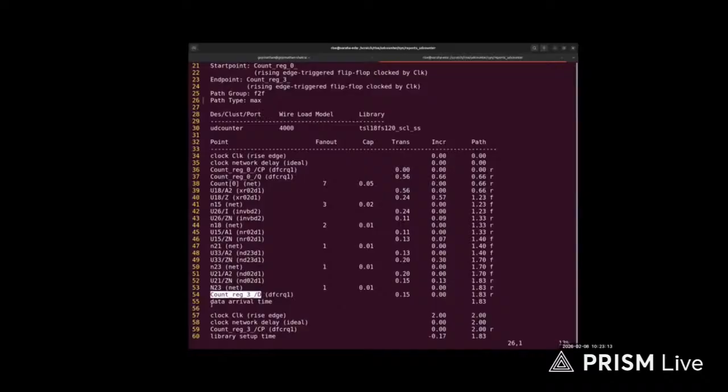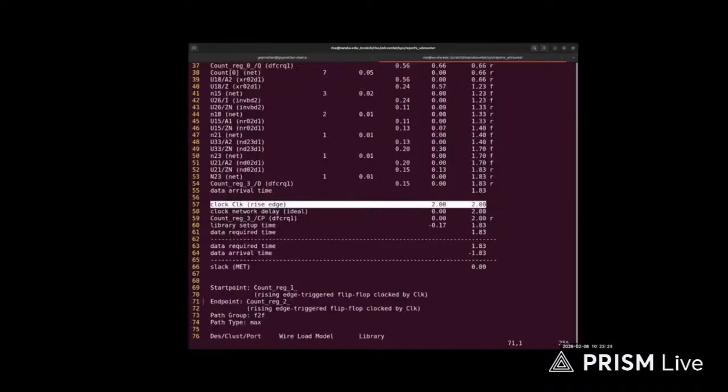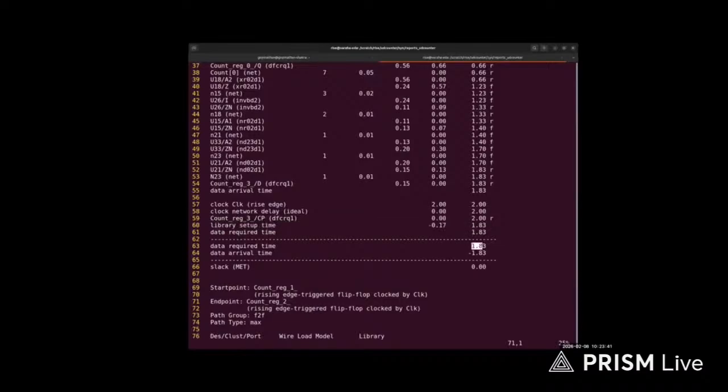The total data arrival time is 1.83 nanosecond. The time period you have specified is 2 nanosecond, and the library setup time here is 0.17. So 2 minus 0.17 is 1.83, which is your required time. The data arrival time is also 1.83, so the slack is met here.